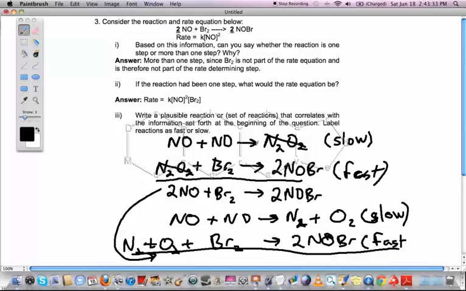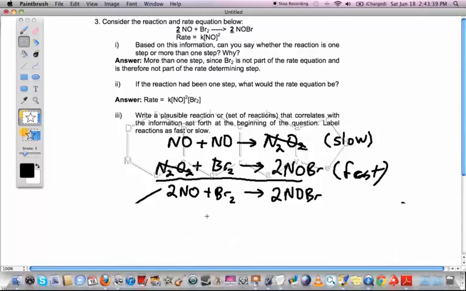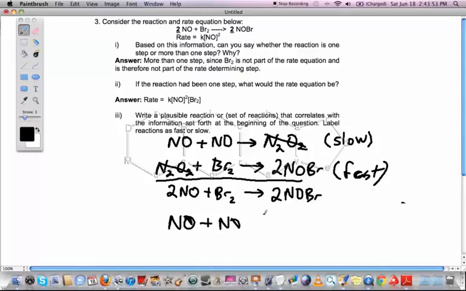And let me show you one that will not work out. This is a common mistake that people make, and they say, well, okay, so we've got NO plus NO, and I will just make that into 2NO.